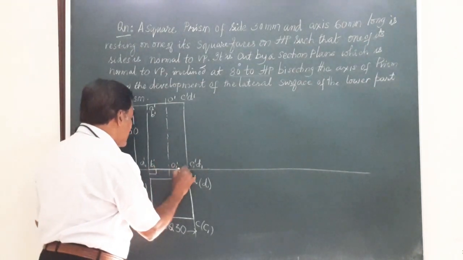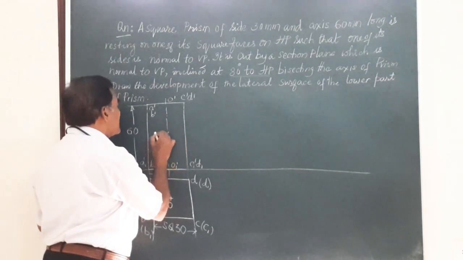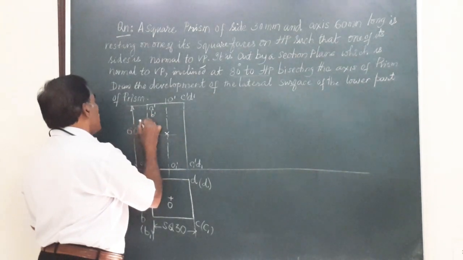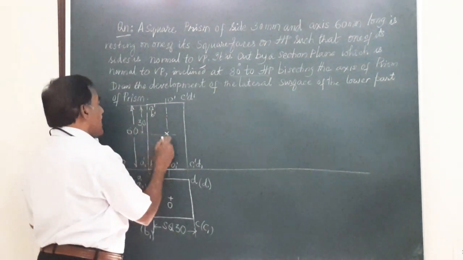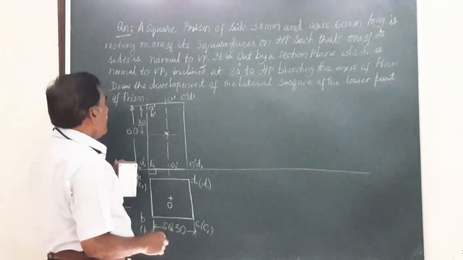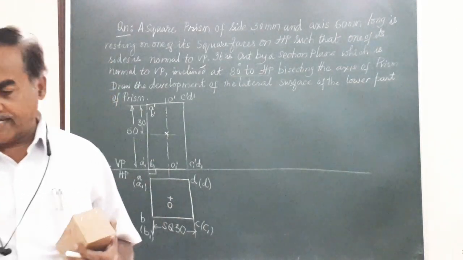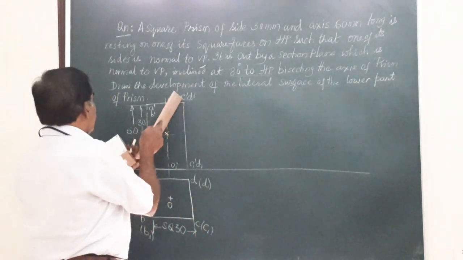So I mark the center of that because the section plane is bisecting that. This is the center, which is obtained as 30 mm because the total height is 60 and this is going to be 30 mm, and mark this as the center. Now I am going to draw a section plane passing through that point and inclined at an angle of 80 degrees.